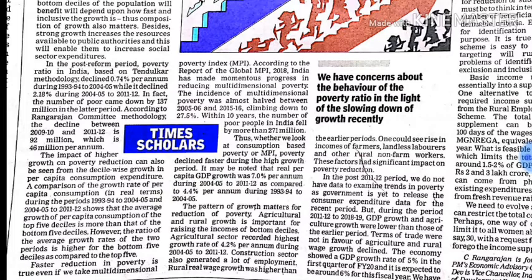The incidence of multidimensional poverty was almost halved between 2005-06 and 2015-16, climbing down to 27.5%. Within 10 years, the number of poor people in India fell by more than 271 million. Thus, whether we look at consumption-based poverty or MPI, poverty declined faster during the high growth period.